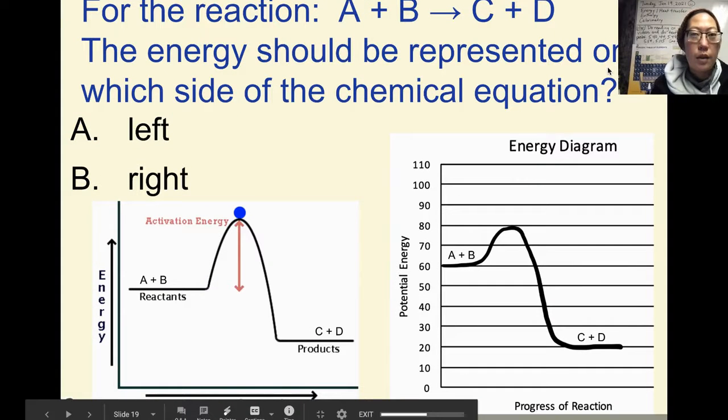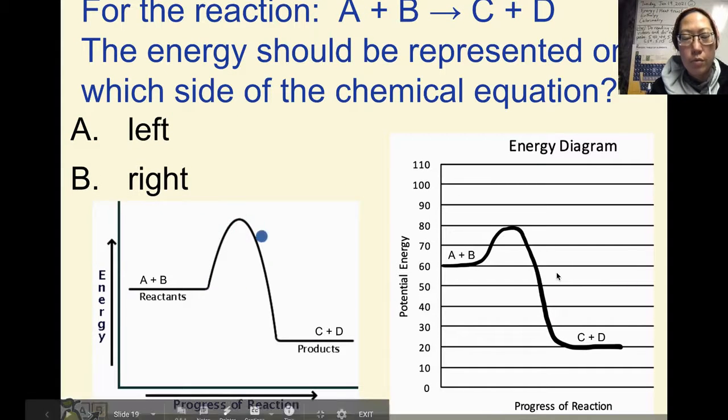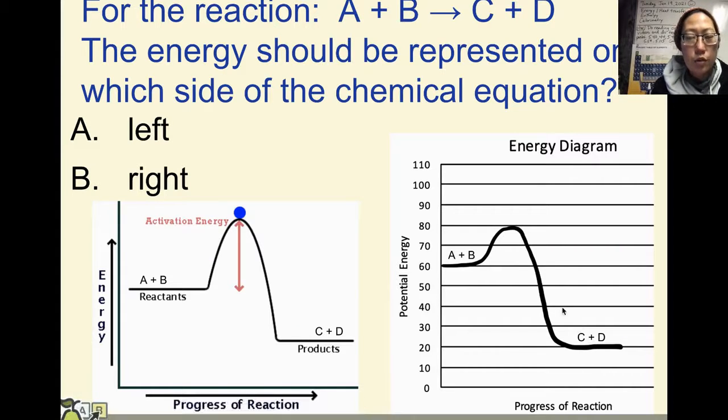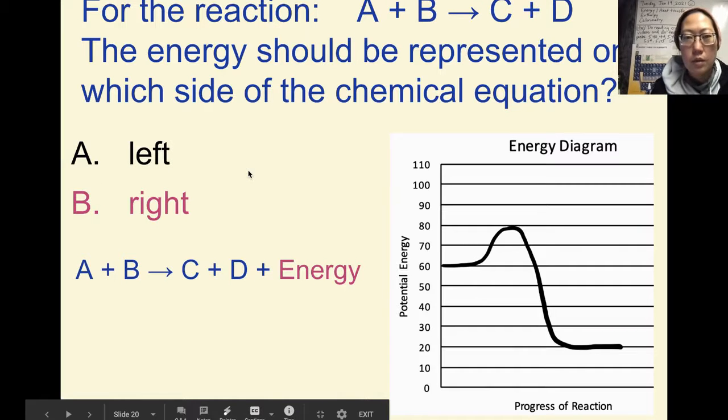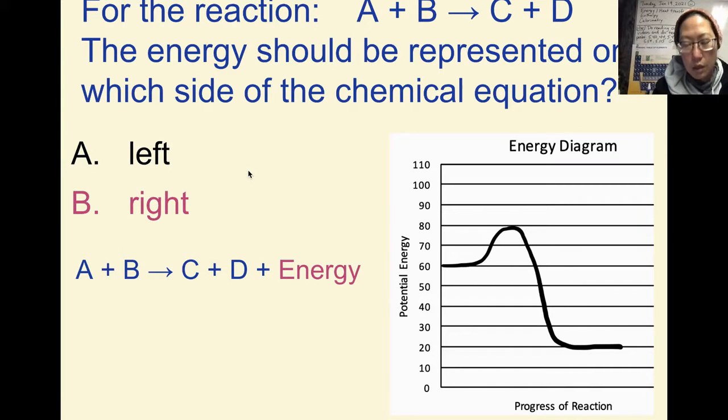Now let's say that this energy diagram represents A plus B going to C plus D. Where should we put the energy? Well, again, this is exothermic, and the energy is being released, given off. Therefore, we should put the energy on the right because it is being produced, as if it were a product.